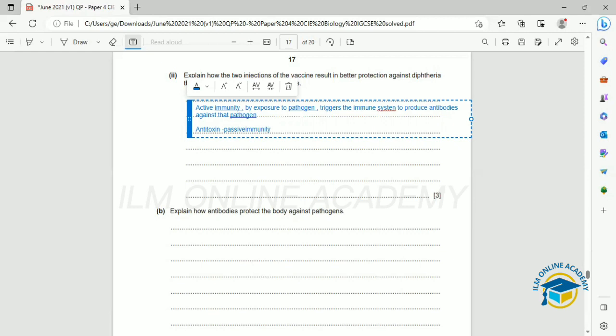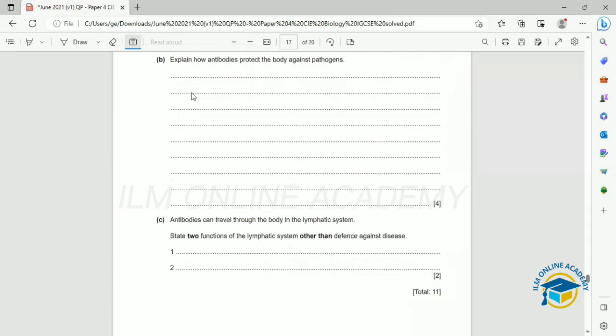Now explain how antibodies protect the body against pathogens. So the pathogen acts like an antigen. Remember the lock and key model for the enzyme, it is similar to that. The antibodies present inside your body are really specific for the type of antigen that gets attached to them.